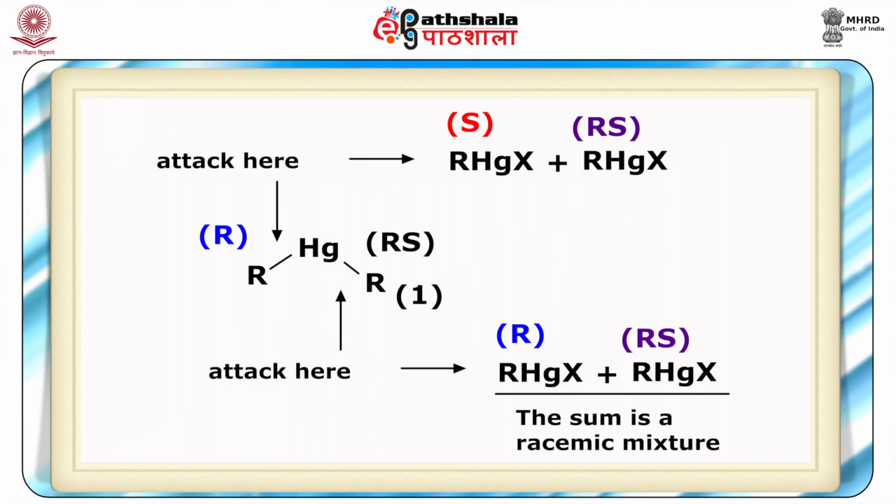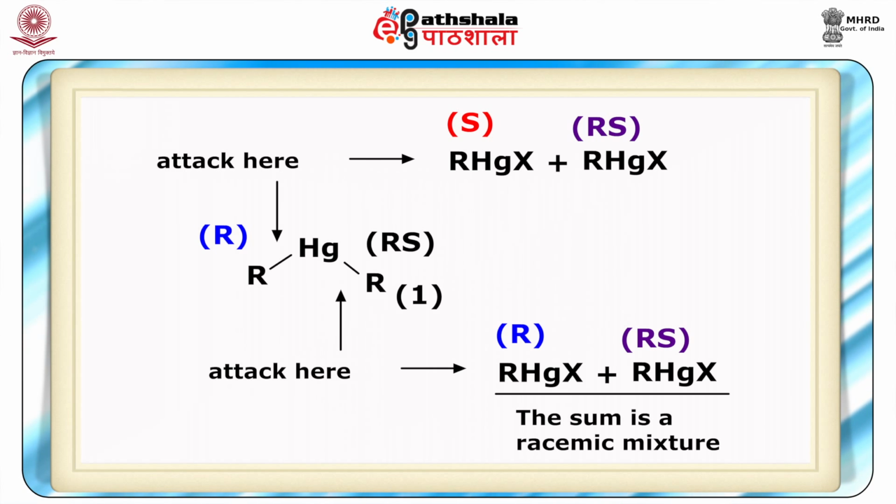If the attack happens alternatively between the other Hg and R, then the R remains R and RS remains RS. So, the sum will be a racemic mixture.